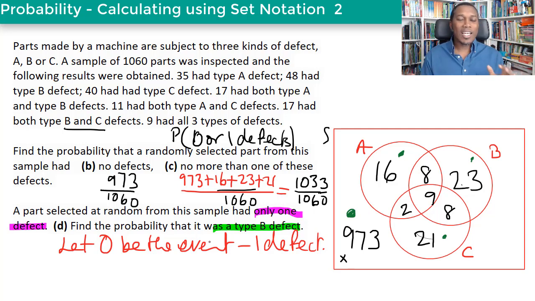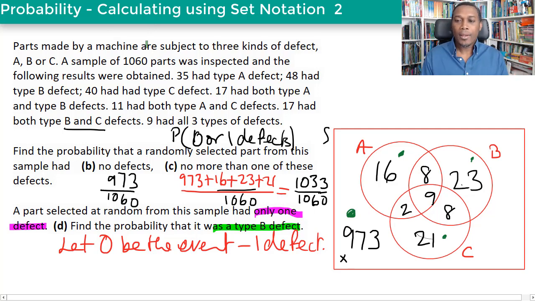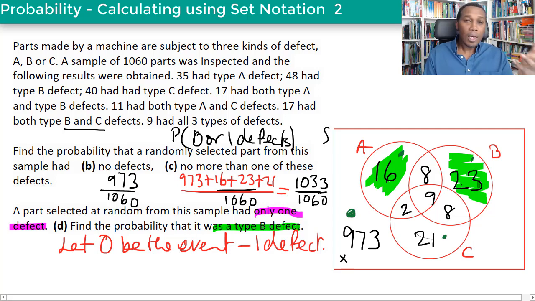So I want to keep things simple, and it will help me make that link to the general formula for conditional probability. What regions in this Venn diagram would represent O? It's this region here, the 16, A only, that's one defect, or B only, another defect, or C only.